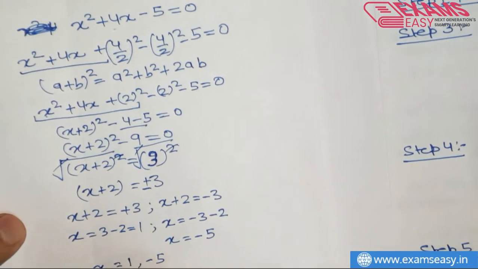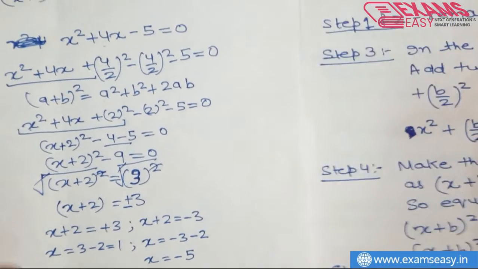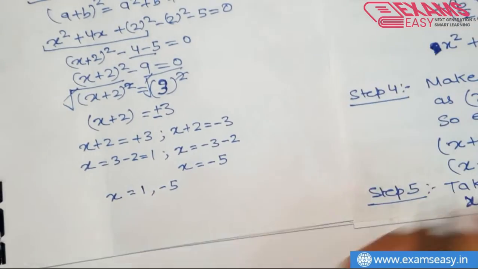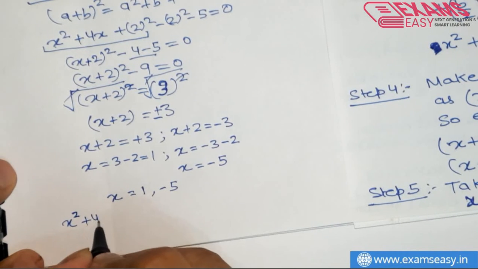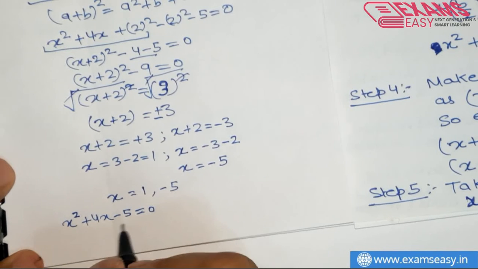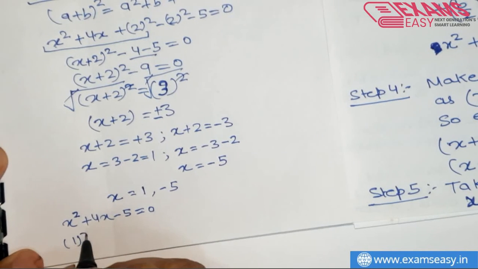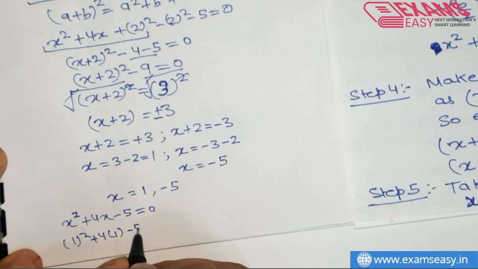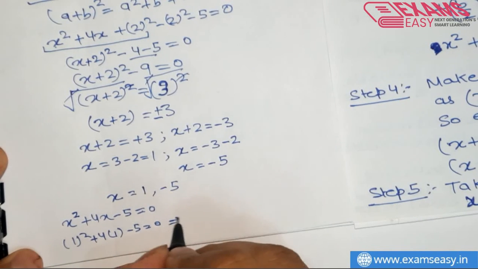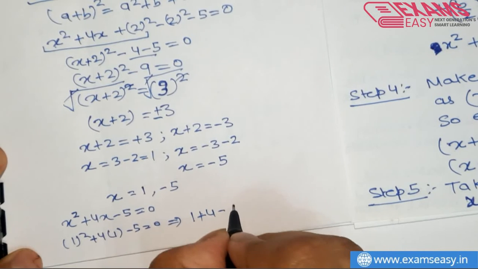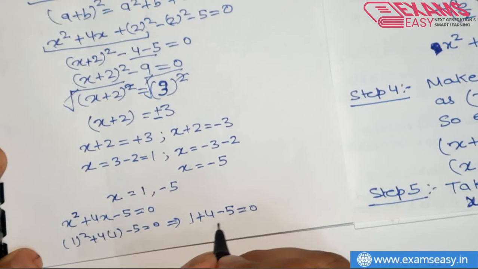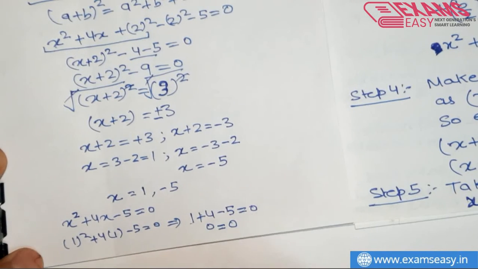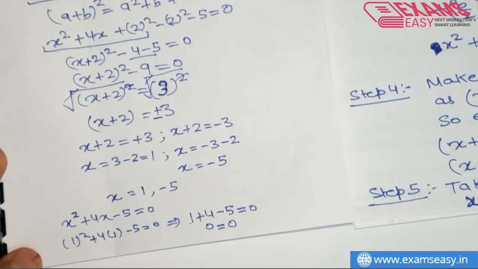We will put first the value of x equal to 1. So the equation x square plus 4x minus 5 is equal to 0 will be written as 1 square plus 4 into 1 minus 5 is equal to 0, which is nothing but 1 plus 4 minus 5 is equal to 0. 4 plus 1 is equal to 5 and 5 minus 5 is equal to 0. 0 is equal to 0. That means this root is satisfying this equation, hence we evaluated the correct root.